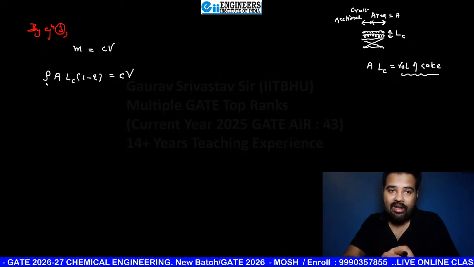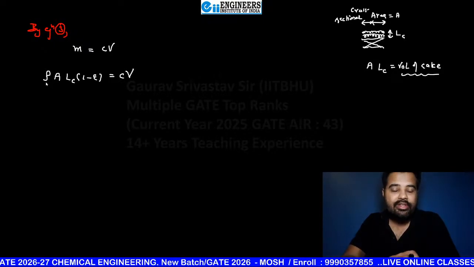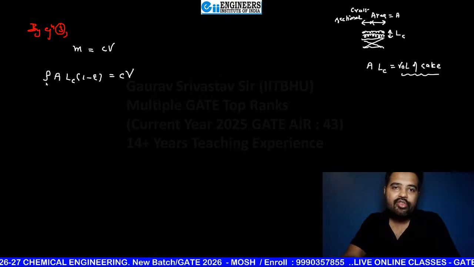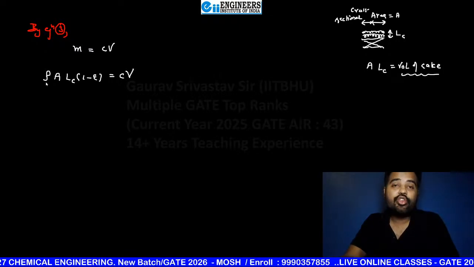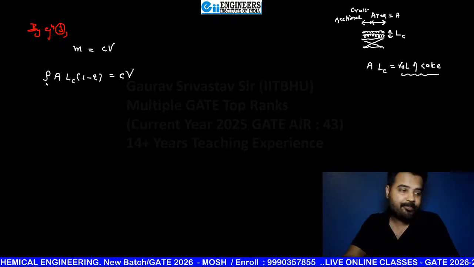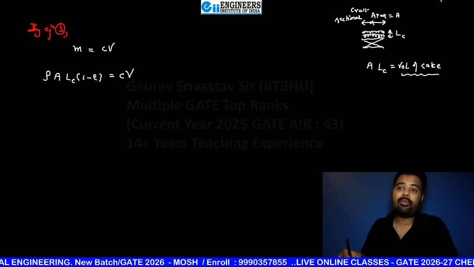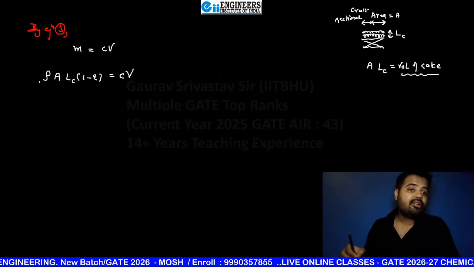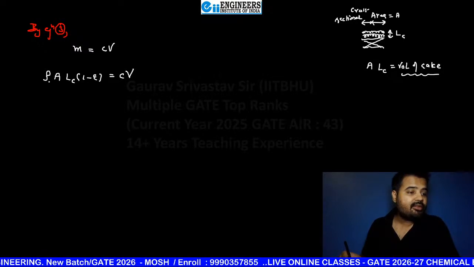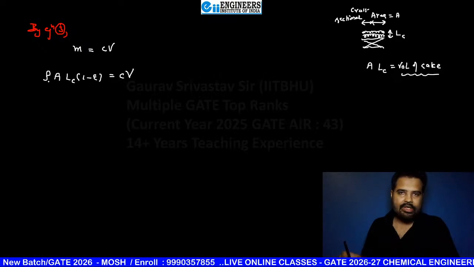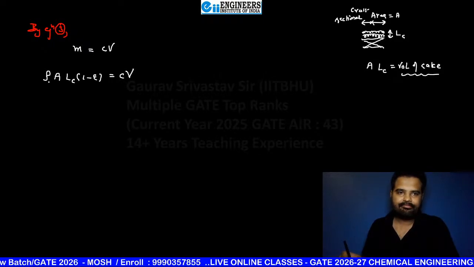Should it be rho f, rho p, or rho medium? Density of filtrate. Everyone please tell me, beta. I want a comment from every student. Show me your energy, everyone.